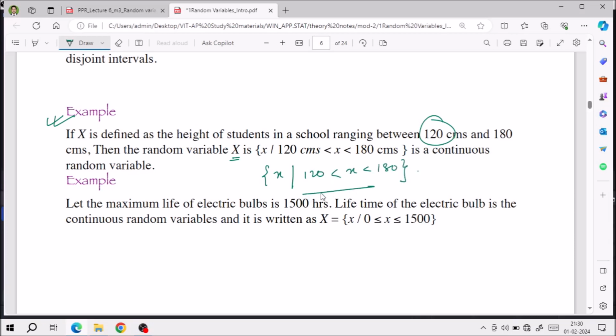Now you may guess this is a finite case, but it is not finite, because between 120 and 180 there are infinitely many points.